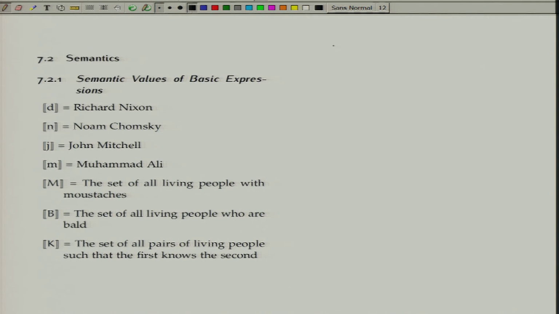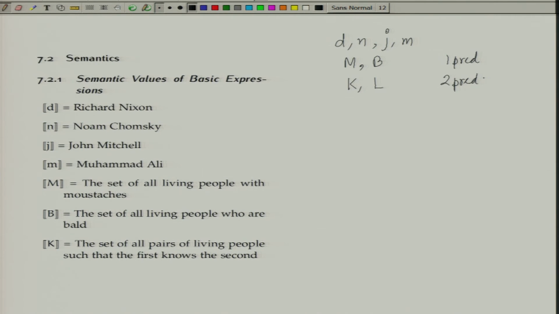It has D, N, J, M. These are names, and we remember that it has two one-place predicates, and it has K and L that are two-place predicates. So, this is the complete picture of it. Now, we shall see the references of each and every basic expression.